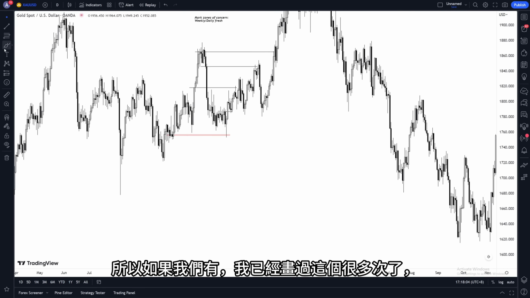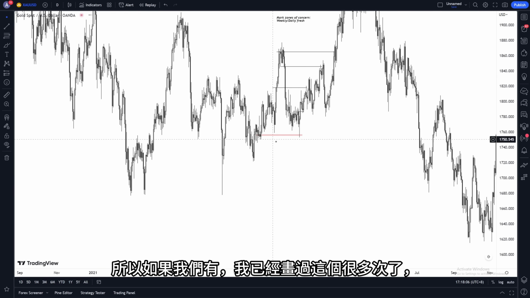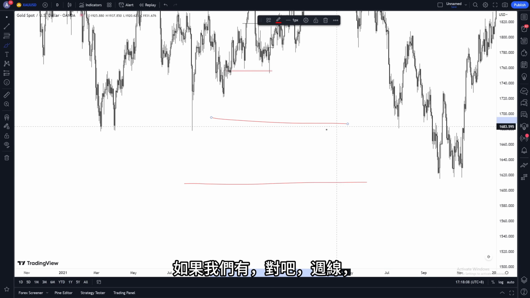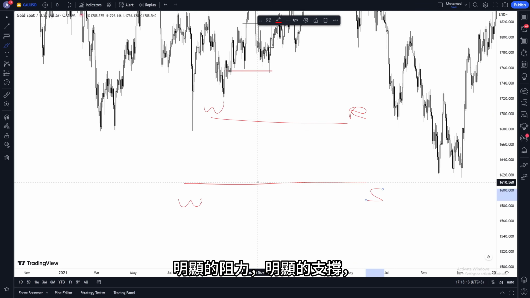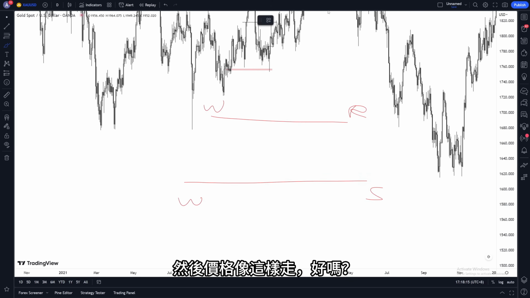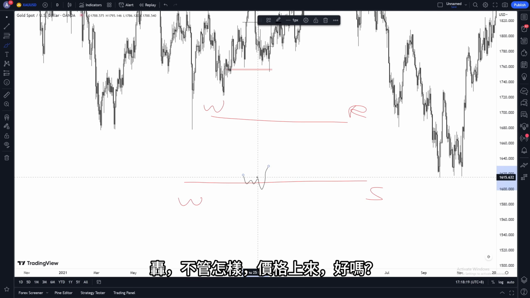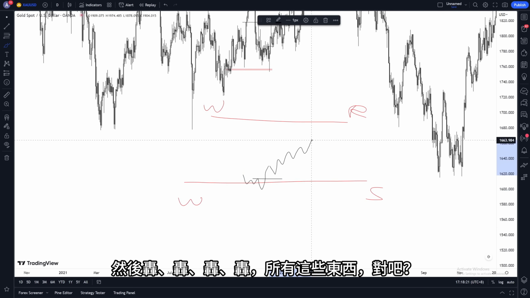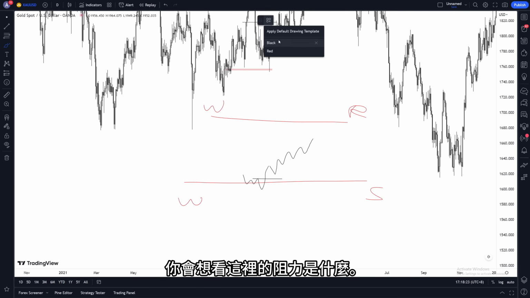So if I've drawn this so many times now, if we had, right, weekly, obviously resistance, obviously support, and price were to go like this, okay, price comes up, all of this stuff, right? You would want to see what the resistance was here.